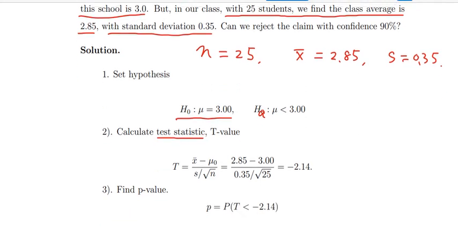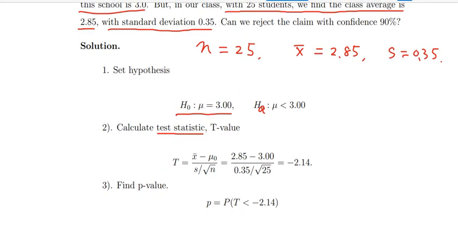The formula is quite the same: X bar minus mu 0 over sigma over root n, but here we replace sigma by S. We call this number the t value. This means we need to check a t table.